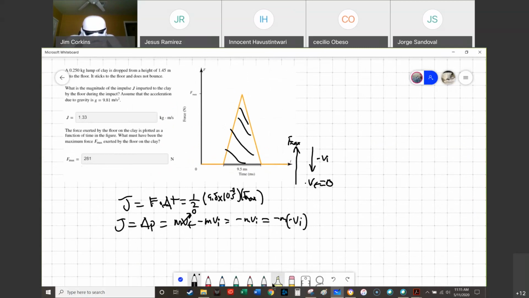Find the initial velocity right before hitting the ground. We have to use energy. A piece of clay dropped from a height with a velocity of 0 in the beginning, and then right before it hit the ground, it had that velocity right here.